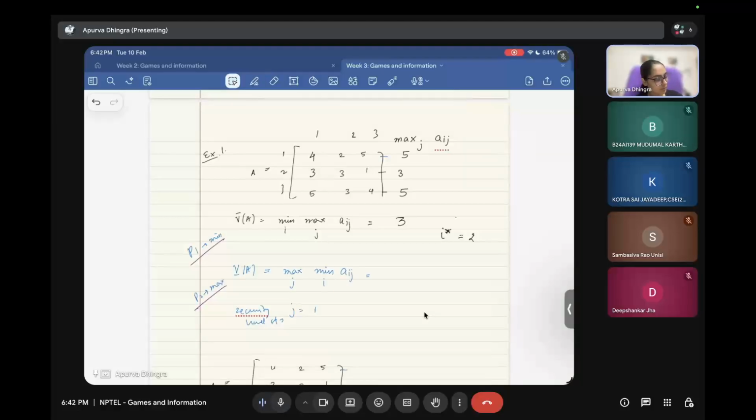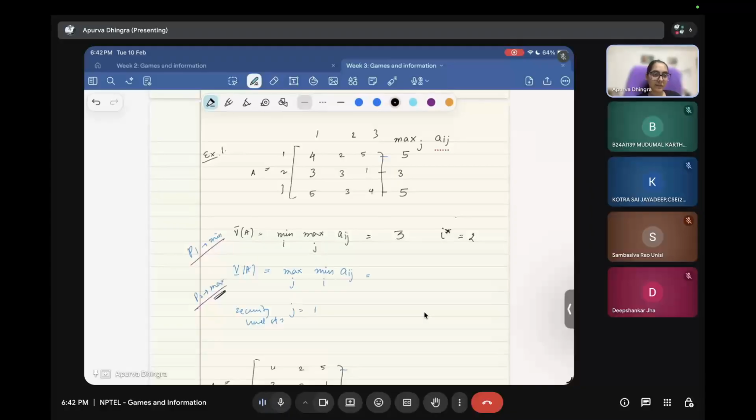We can repeat the same thing and do it for player 2 as well. So if we do it for player 2, now remember player 2 is interested in maximizing his own utility, which means as a security, he wants to make sure he doesn't end up with the least value from the whole table. So what he will do is, keeping his strategy fixed, he'll minimize over which strategy of the other agent gives the minimum utility. So he's minimizing with respect to i of that quantity.